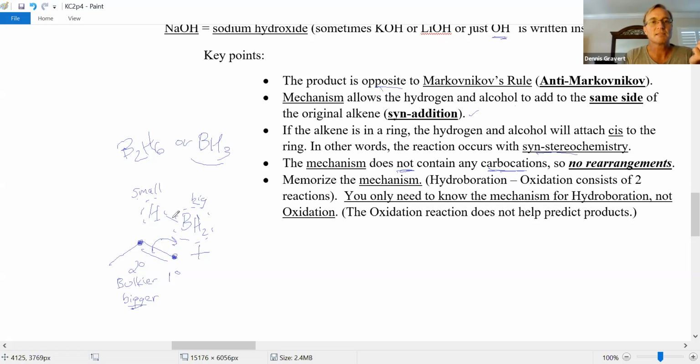And the bond between the boron and the hydrogen breaks and connects this hydrogen and this carbon. So what does that mean? These 2 electrons need to go in between the carbon and the hydrogen. So the alkene carbons are here, the hydrogen got attached here, and the boron got attached there, and it kept its two hydrogens.